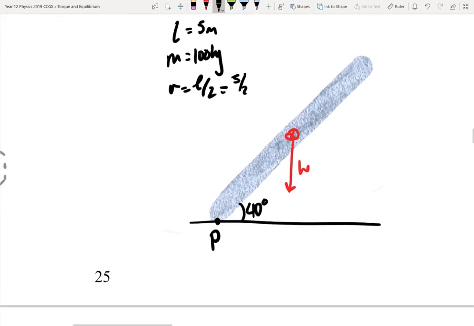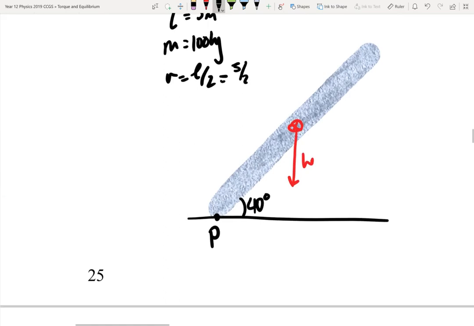Now, this is one little trick that can occur. We've been given the angle to the horizontal. We want the angle between the vertical and our line of action. And that's obviously 50 degrees. If you wanted to visualize what weight perp is, it's not the best. Oh dear, I'm back in steel beam mode.